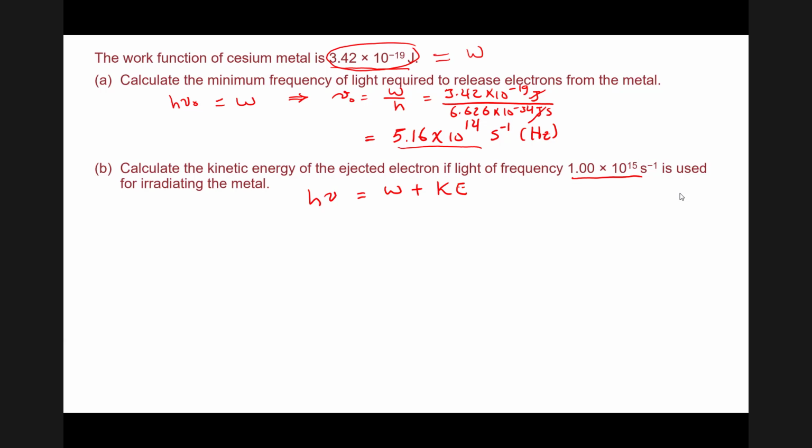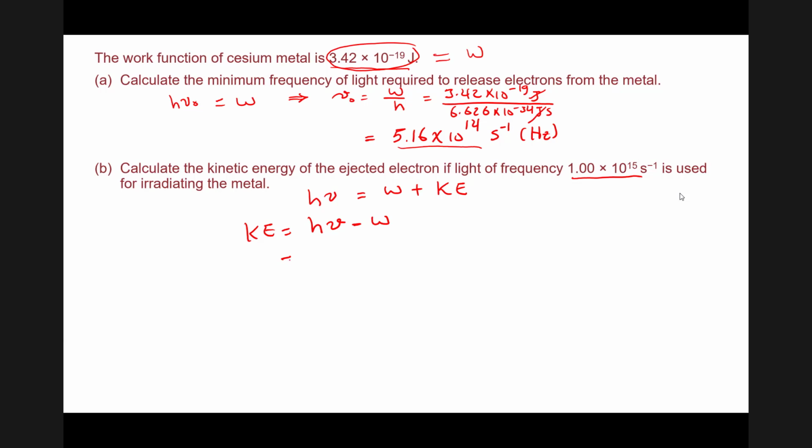So if we want to calculate kinetic energy, we just rearrange this equation to solve for kinetic energy. So kinetic energy is going to equal energy of the photon used minus the work function.